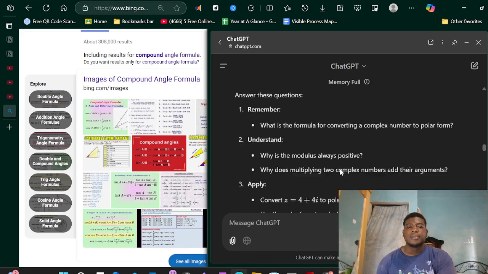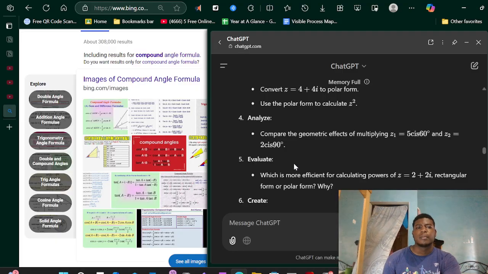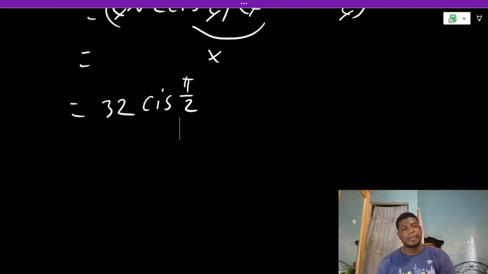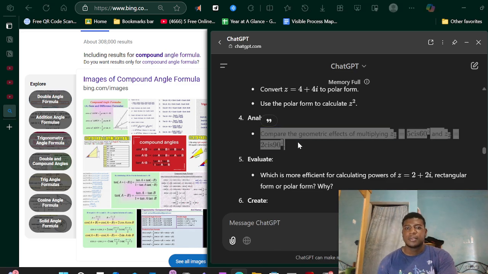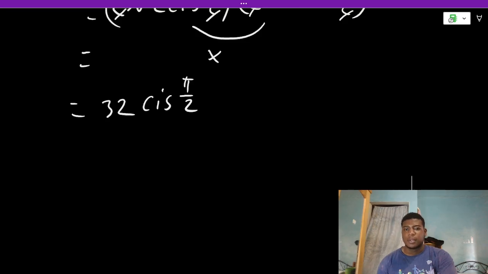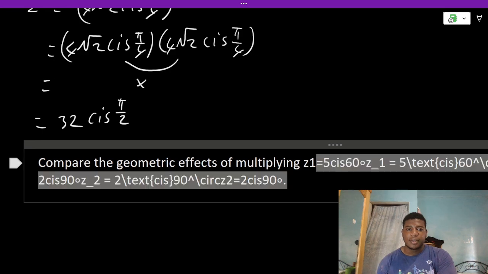So I understand now. So let's compare, right? I'm just going to copy and paste that. Look over there. Compare the effects.